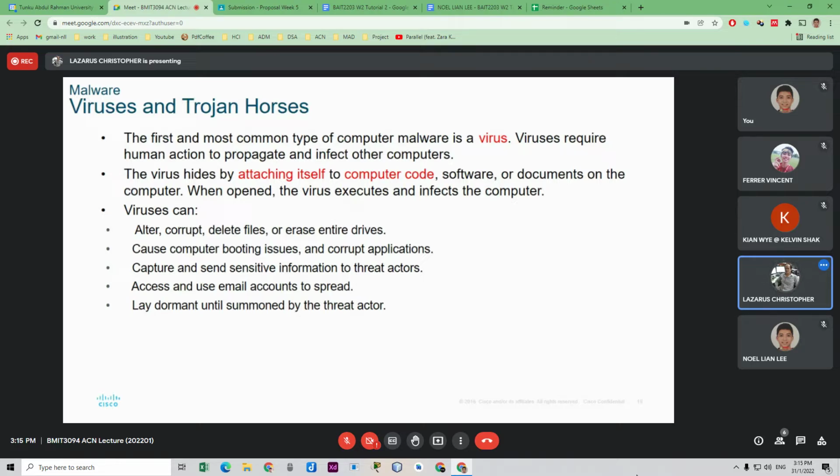Right? For viruses, viruses can infect not only executables but also the code that is used by your computer to boot up. So sometimes it can cause boot up problems, right? The payload can cause these harms, or it can just keep quiet, capturing your keystrokes, going through your files and sending information outside your PC via network.